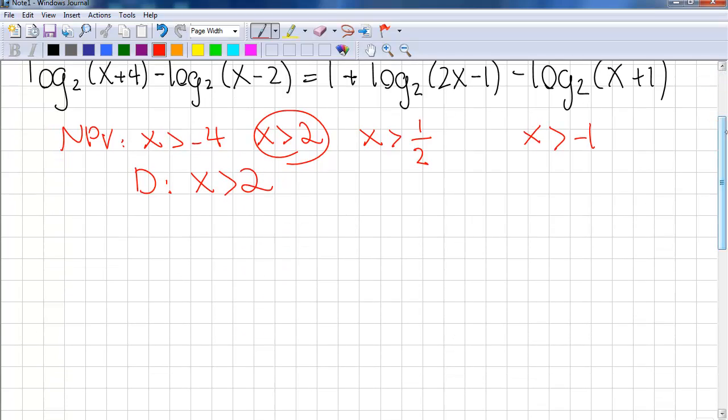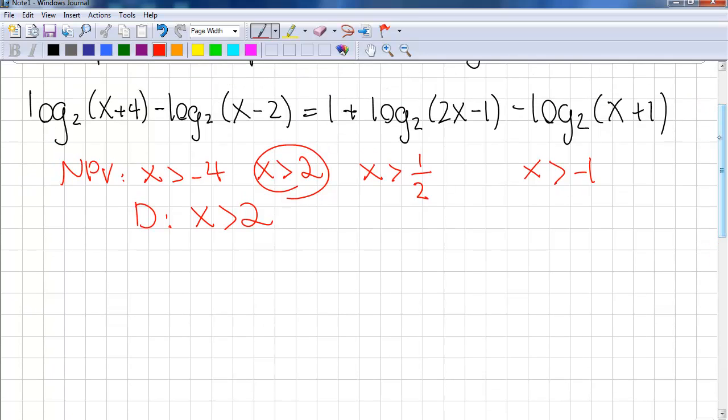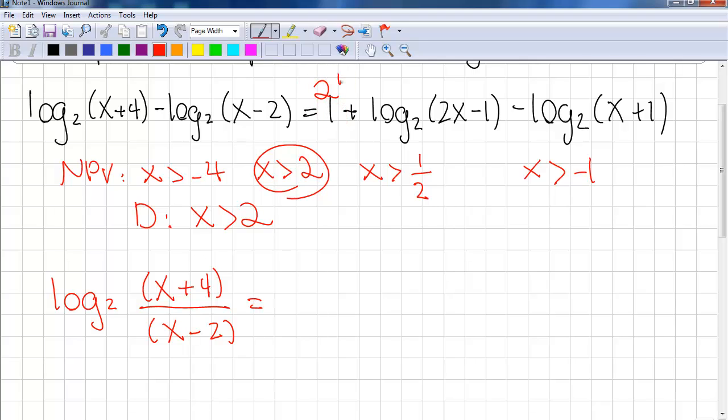So now we can solve. So first thing we want to do is we know log base 2 of (x plus 4) minus log base 2 of (x minus 2) is going to be a division. So what we do is we write it as log base 2 of (x plus 4) divided by (x minus 2) equals, and we know that this 1 is 2 to the power of 1 because our log base is 2.